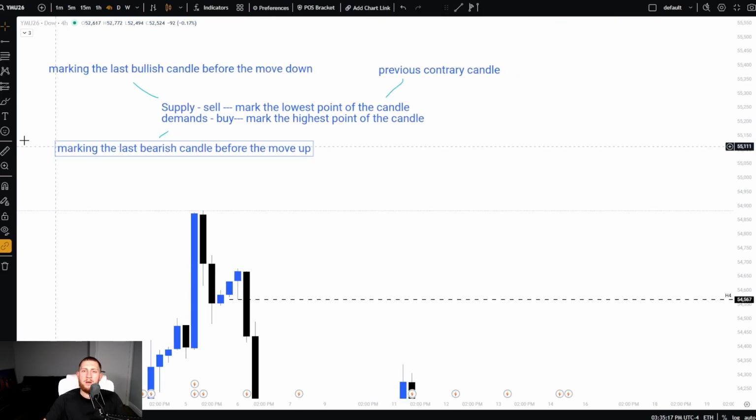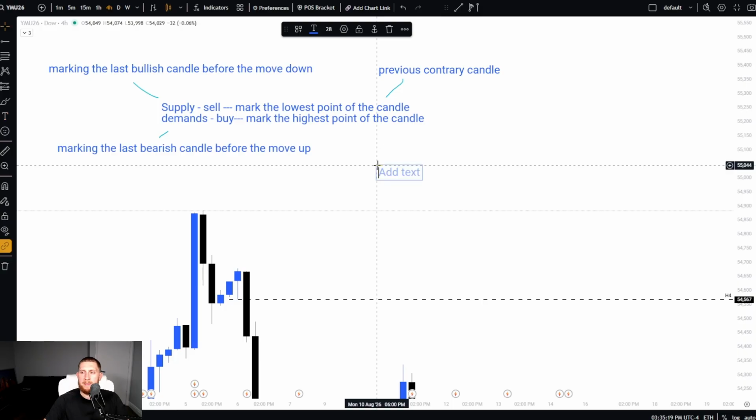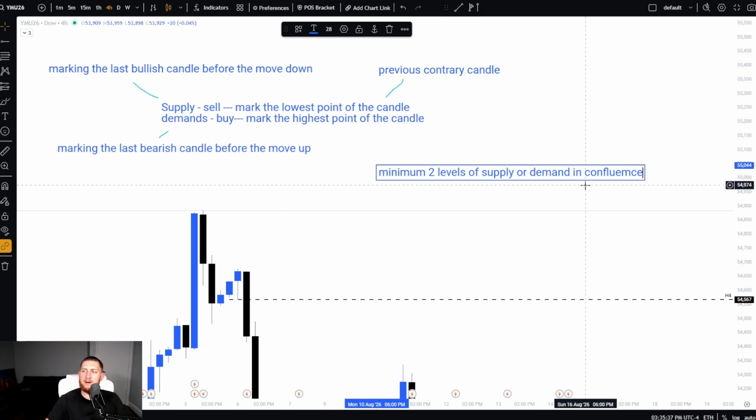Now, with this strategy, in order for you to take a trade, you need minimum 2 levels of supply or demand in confluence. Okay? Minimum 2 levels of supply or demand in confluence.